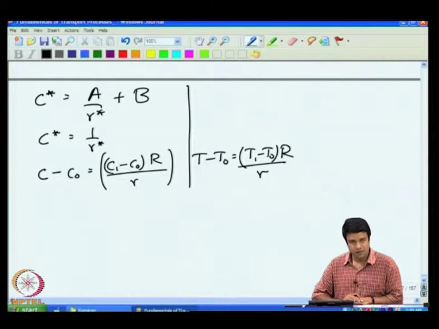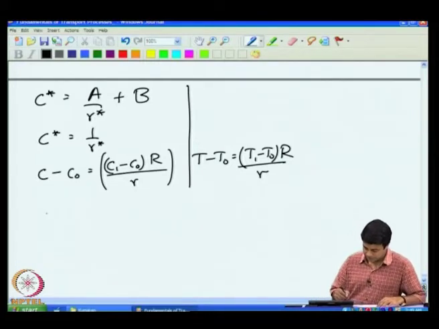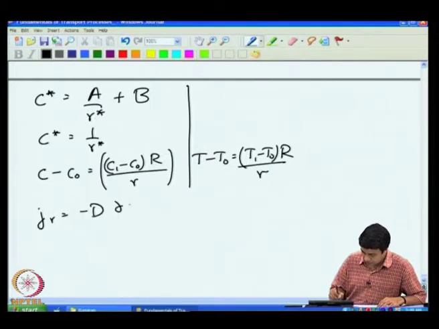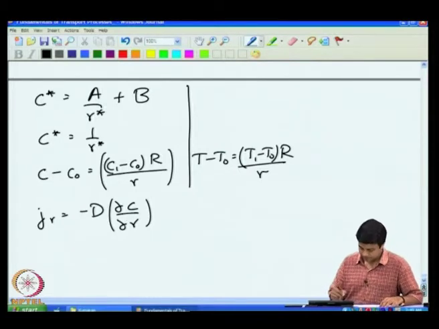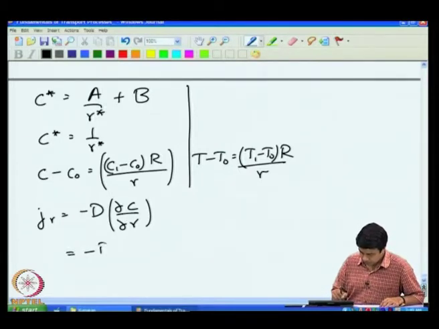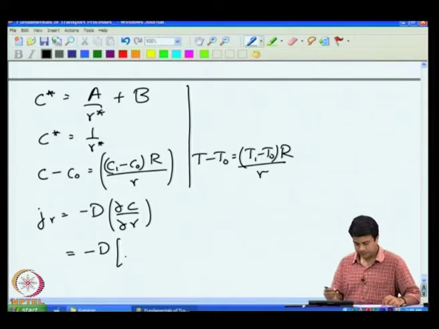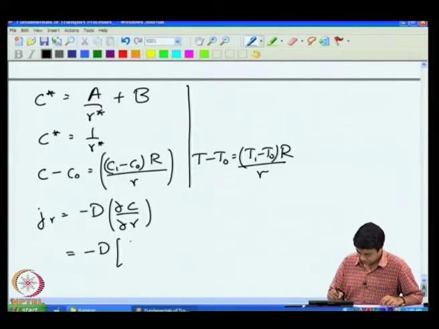What about the flux of mass? The flux J r is equal to minus D times partial C by partial r, which is equal to minus D times minus of C 1 minus C 0 times R by r square.